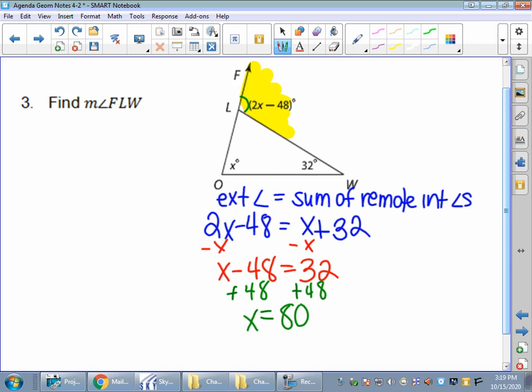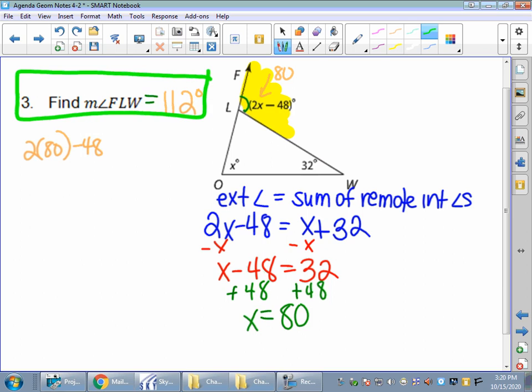Because it said to find the measure of angle FLW, so this whole angle. So I'm going to take that 80 and plug it into the x. So FLW is 2 times 80 minus 48, so 160 minus 48 is 112 degrees. There's the measure of angle FLW.